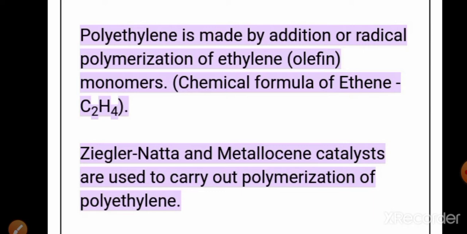The monomer used is ethylene, which has the formula CH2=CH2 or molecular formula C2H4. It is also prepared by using Ziegler-Natta catalyst and by metallocene catalysis. These catalysts are used for the preparation of polyethylene.